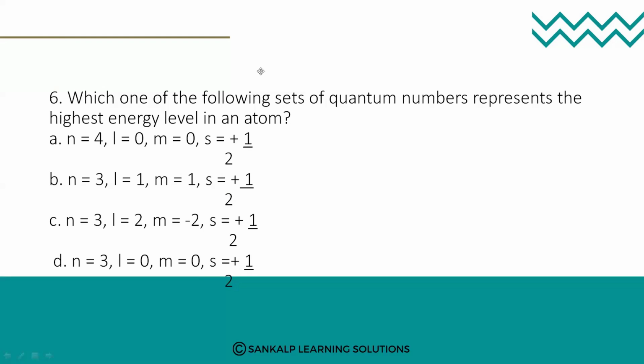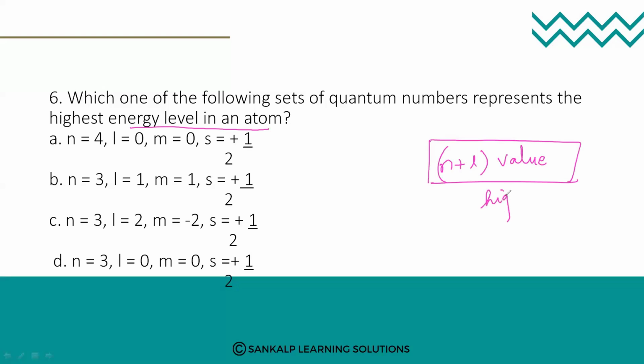Here, we are discussing the orbital with the highest energy level. So we have to remember that whoever's n plus l value is high, n is your principal quantum number, l is your azimuthal quantum number.